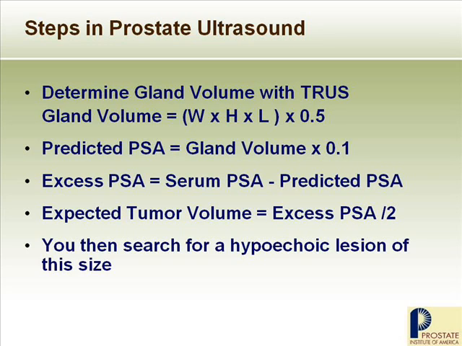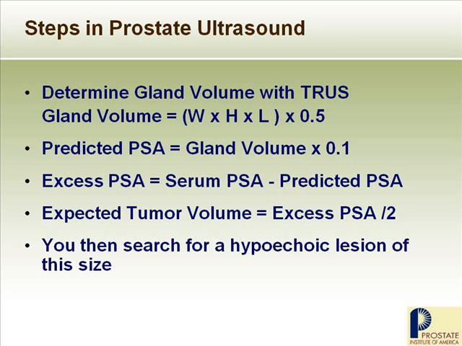First, based on the ultrasound image, we can precisely determine the gland volume by measuring the width, height, and length of the prostate, multiplying all those three numbers, and dividing by half. That would be your prostate gland volume.